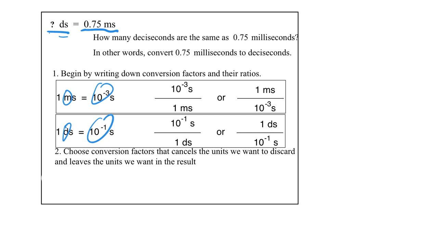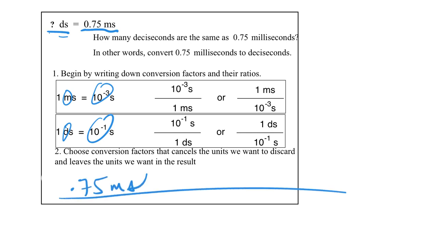Okay, so I'm going to start with my known term, 0.75 milliseconds. Bring down that known unit. Again, I go to the basic unit as my second step. Then I go to the other prefix unit that I'm looking for.